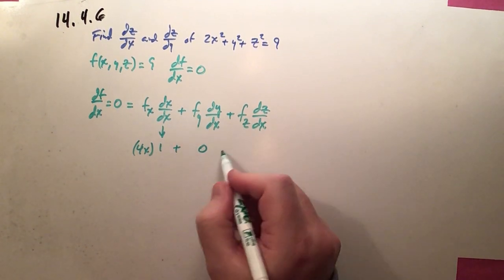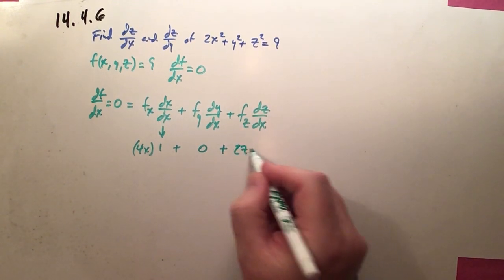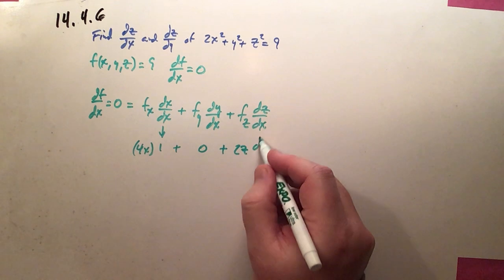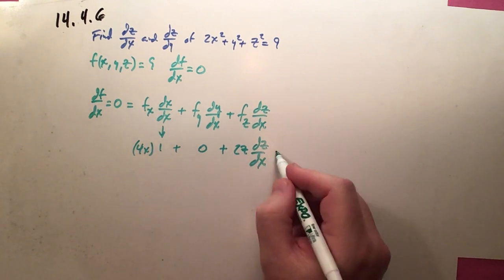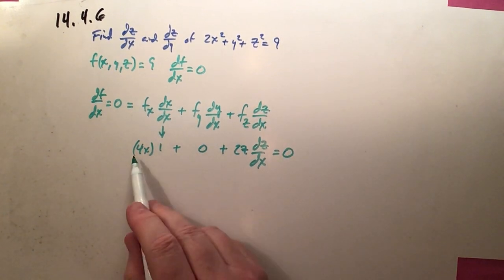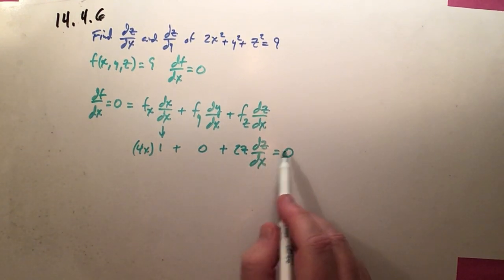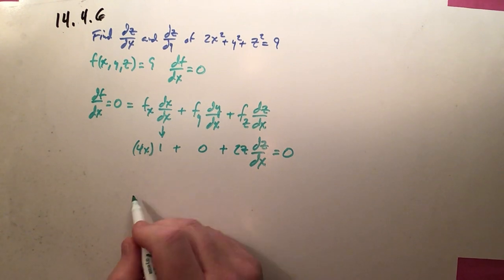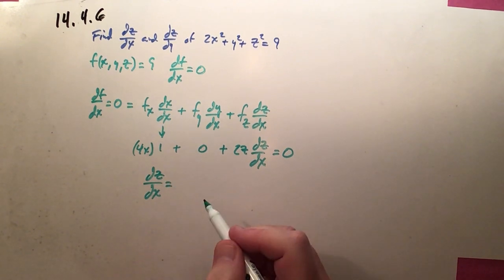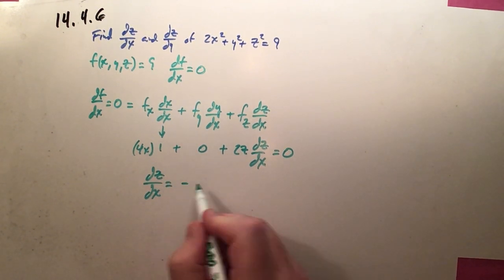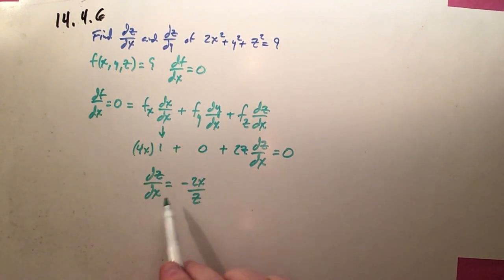But z depends on x and y, so I'll add on the partial with respect to z, which is 2z, and then the partial of z with respect to x. And of course, all that is still equal to 0. So that's 4x plus 2z times the partial of z with respect to x. If I move the 4x to the other side and divide by 2z, then the partial of z with respect to x is equal to negative 2x over z. And that's the correct partial that I was after.